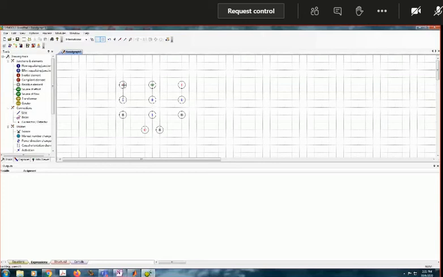Then the line will be drawn. Go to 0, leave it. 0 to 1, leave it. Click here at 1, connect to I. It doesn't matter how you connect. You just connect it. This one will be connected here. So it's connected.